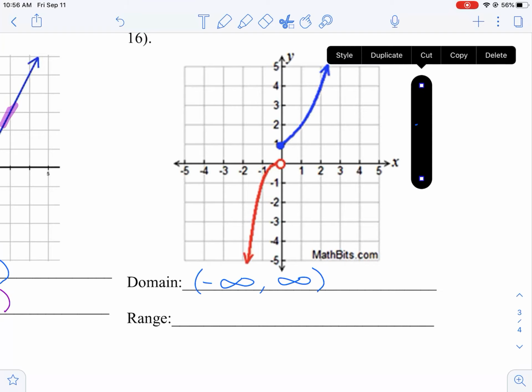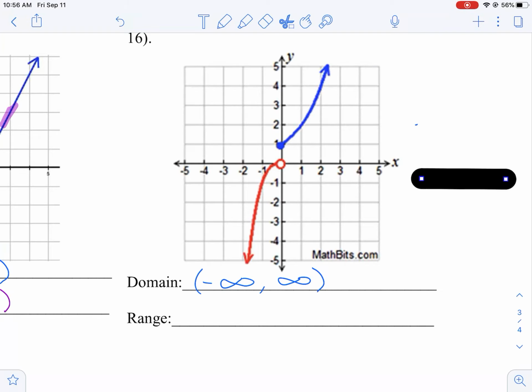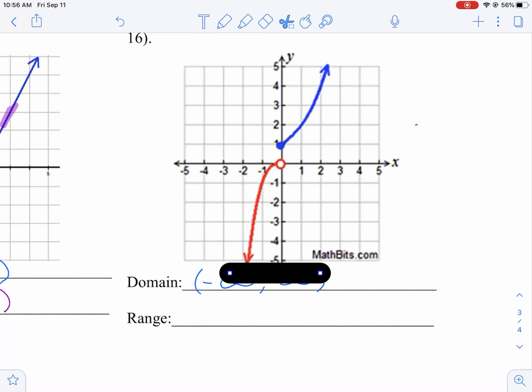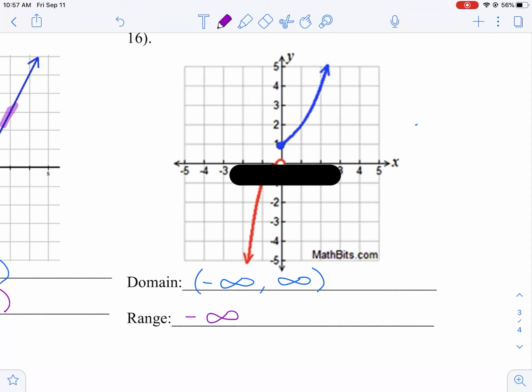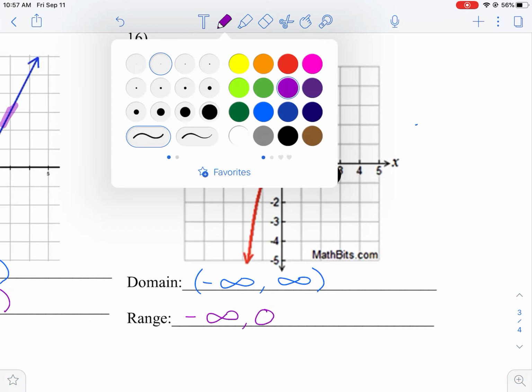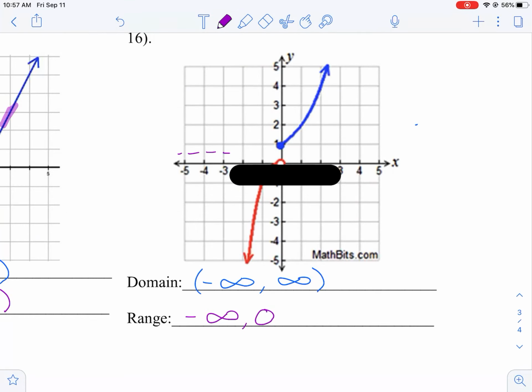Now let's move this. I'll rotate it to make it our Y scanner again. So from the bottom, we're covering up here, and then we get to that gap there. So our lowest point, -infinity, and it comes all the way up to 0, but there's an open circle there, and then there's this gap here where all of these Y values are not being covered.